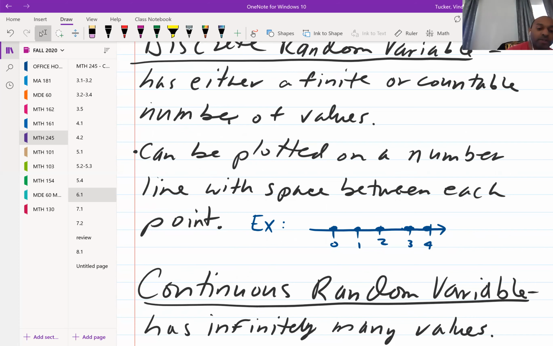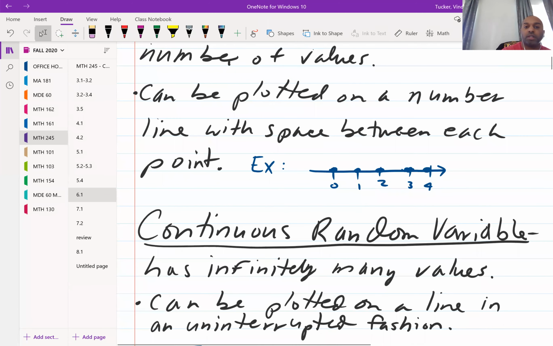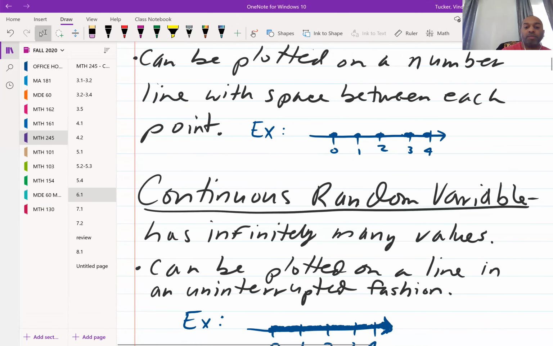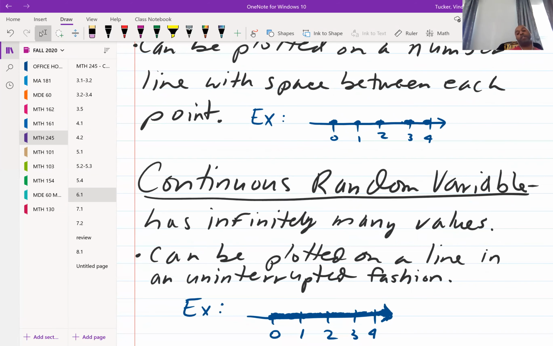So those types of values, especially when you talk about measurement, are where continuous random variables come into play. It has infinitely many values, and it can be plotted on the number line in an uninterrupted fashion. So if you're talking about between 0 and 1, everything in between 0 and 1 could be a legit answer, and so on.